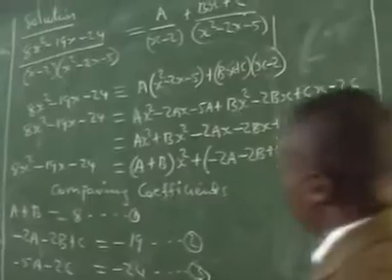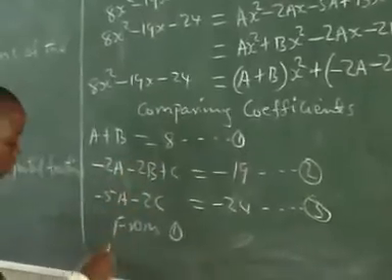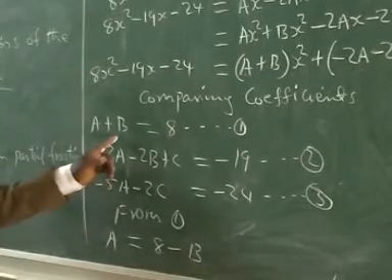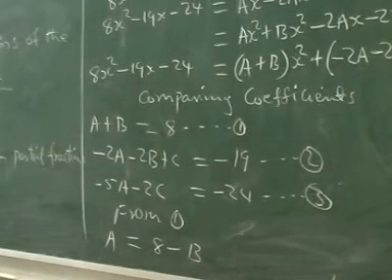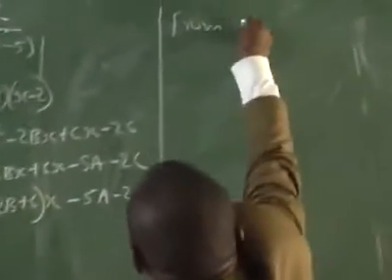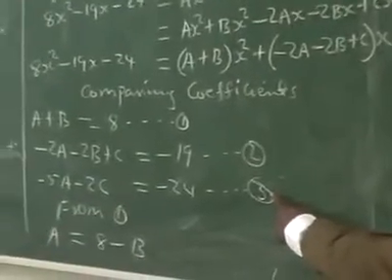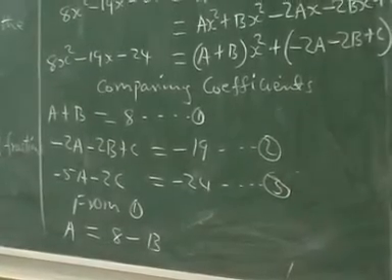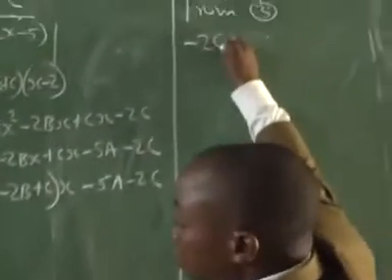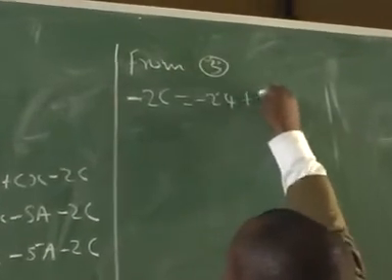Now, from equation 1 right here, a is equal to 8 minus b. That is transferring b to this side. And we also see that from equation 3, which is this, we can make c the subject of the formula. Then we have that minus 2c will be equal to minus 24 plus 5a.